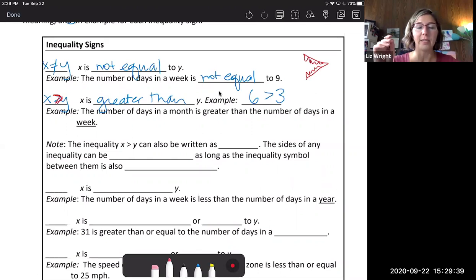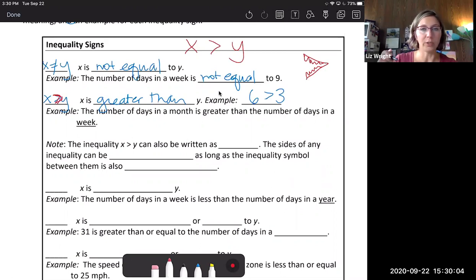I just like to look at the inequality sign. If x is greater than y, I ask which side is bigger? It's opening up to the x, so the x is bigger. You can also read that inequality from the y, and you would read it y is less than x.